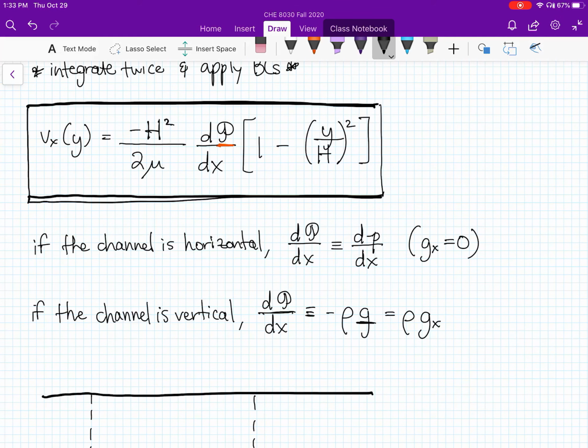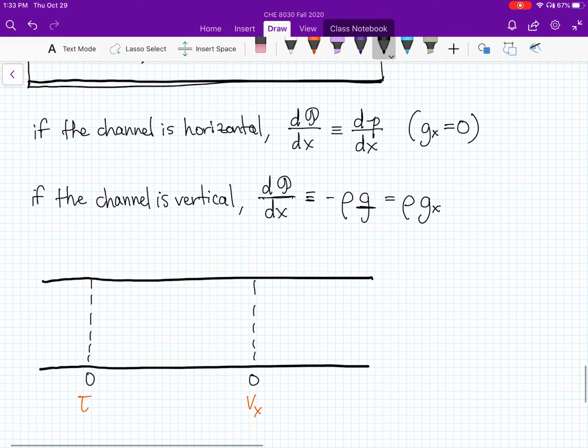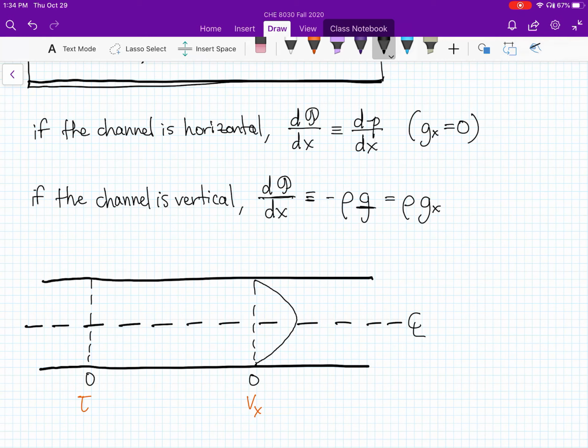Looking at the velocity profile, I see that it goes as y squared. I know that I have symmetry, so I'm going to end up with some parabolic-like velocity profile, where the maximum of that velocity is going to occur in the center line of the channel, and I will have no velocity or zero velocity at the stationary walls of the channel.